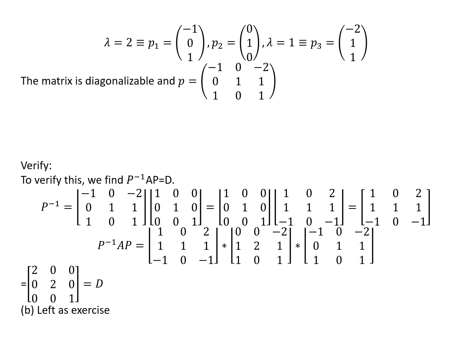minus 1, 0, minus 2, 0, 1, 1, then 1, 0, 2. So we have it as our P. The matrix is diagonalizable and P is equal to that. So you verify now. You want to verify whether the inverse of P multiplied by AP is diagonal.